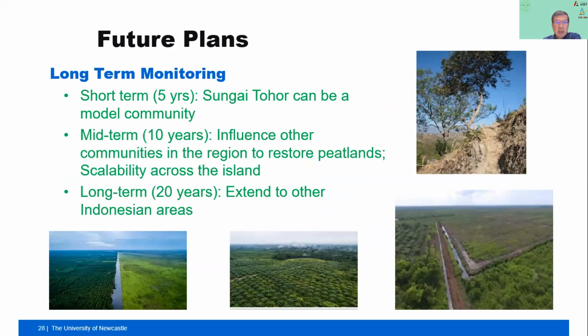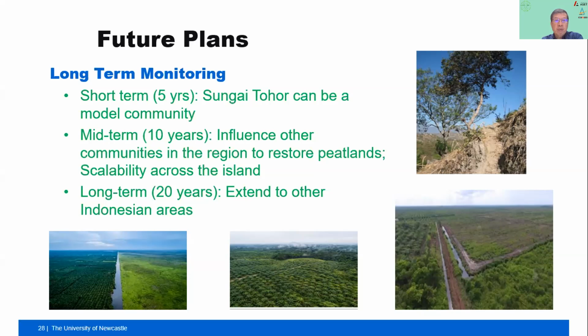To wrap up then, the long-term plans: that's just the initial stage. We are starting to replant and monitoring the success of the revegetation. It takes time, it takes years. We are just about in the first year of the study, extending it to more experimental sites.